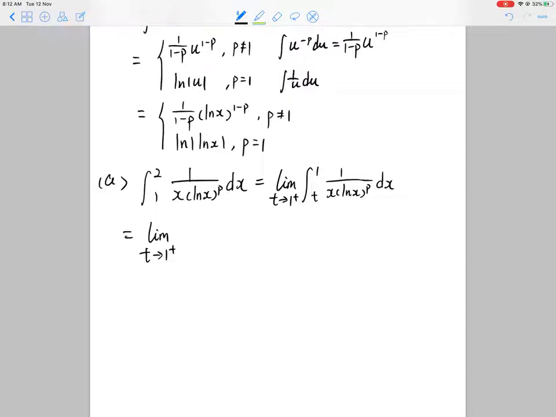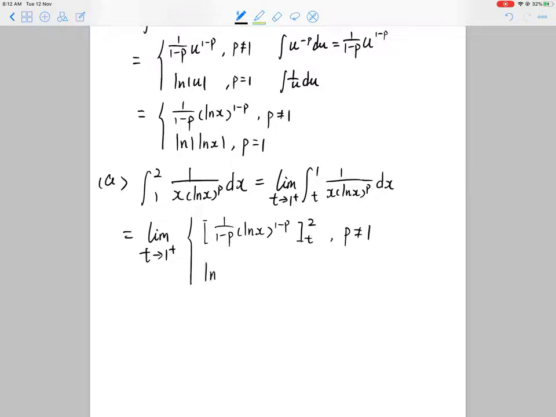It's a piecewise function. It is this if p is not 1.